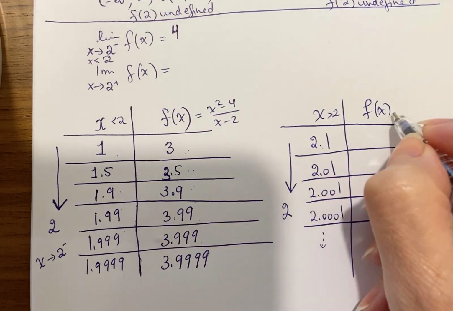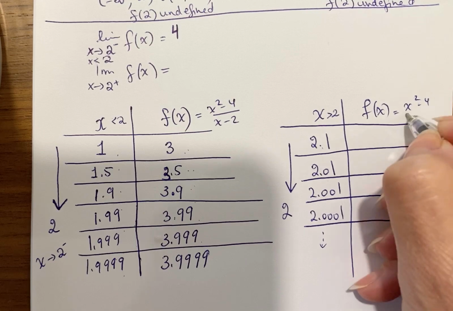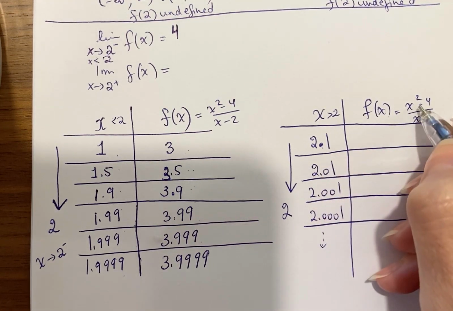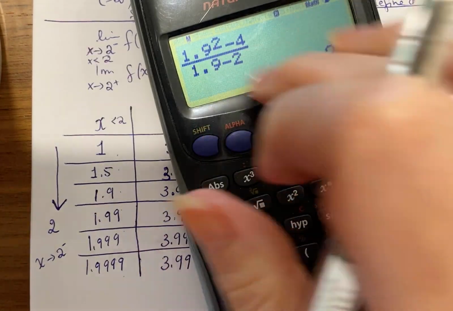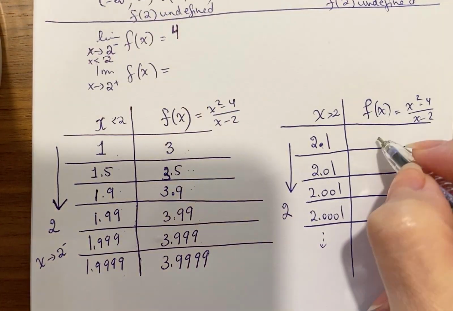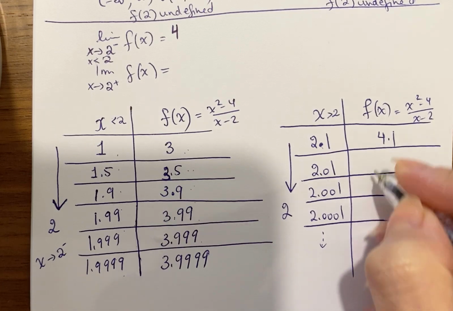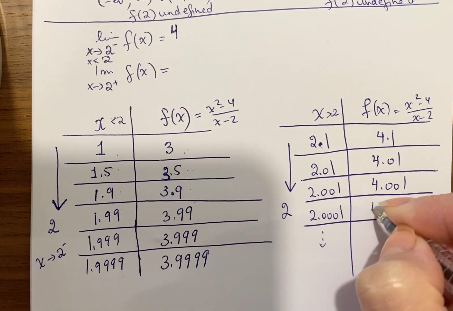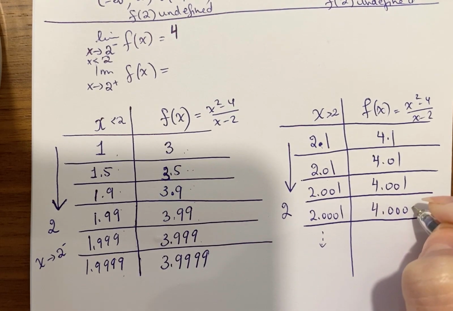When you substitute this in the function, again, what do you notice? 2.1, when I substitute it, I come here, I change it to 2.1, and so on. I will figure out it's 4.1. This will give me 4.01, 4.001, and 4.0001.